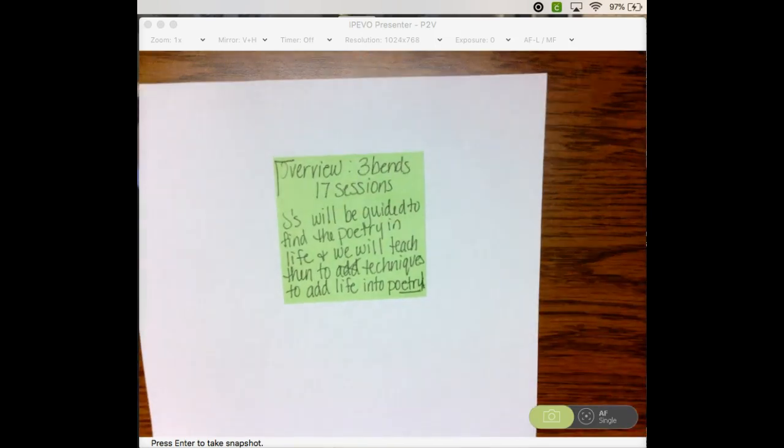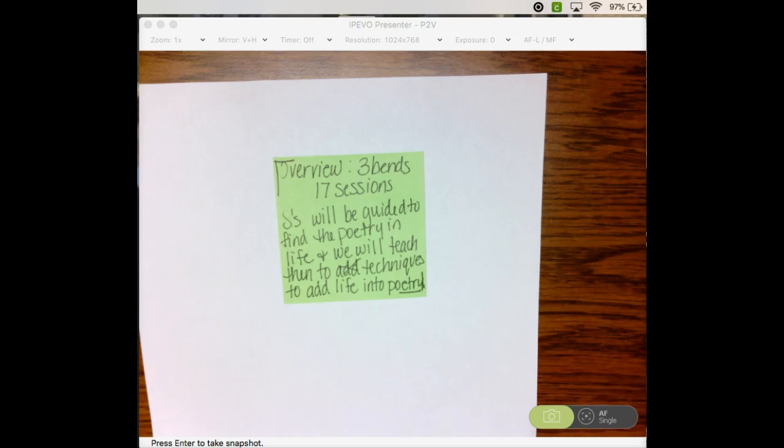So I'm going to be really honest with you guys. I had to spend a lot of time on this because this unit isn't how I taught poetry in the past. So I needed to really think about developing poets versus in the past I might write different kinds of poems and have structures for kids, but this is going to be about developing a poet.